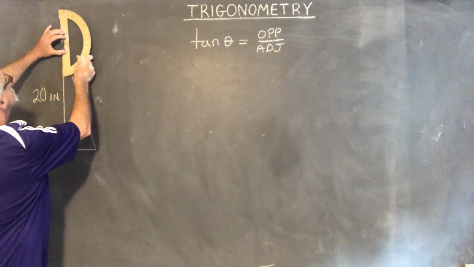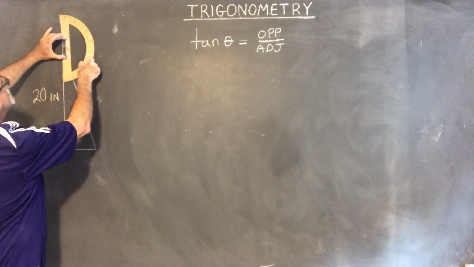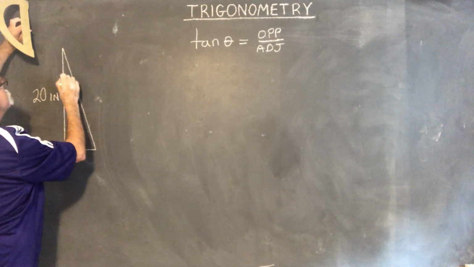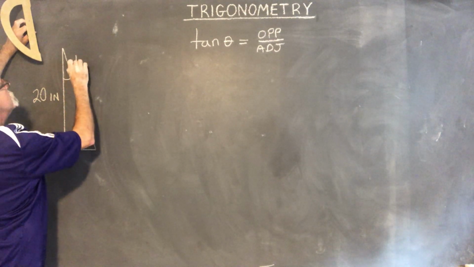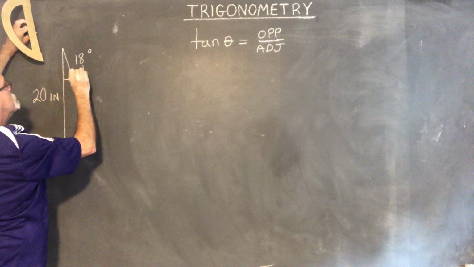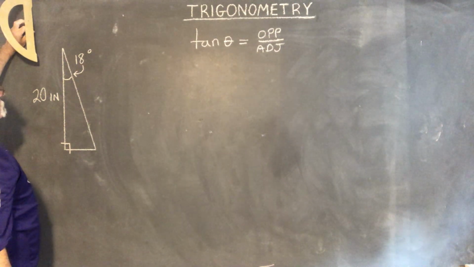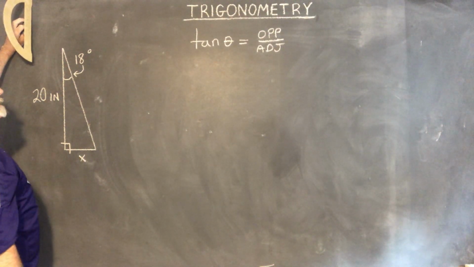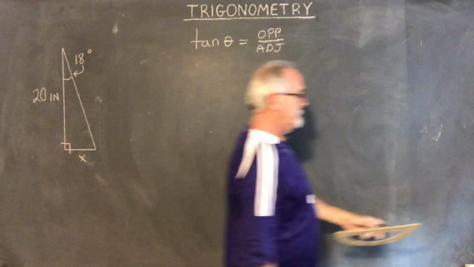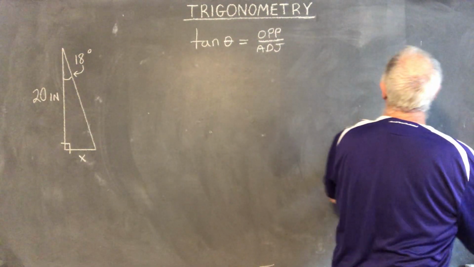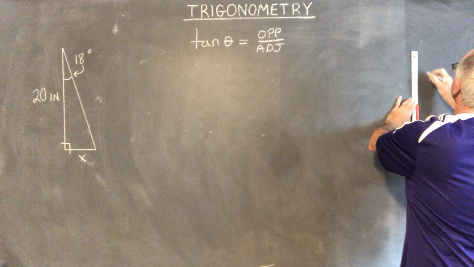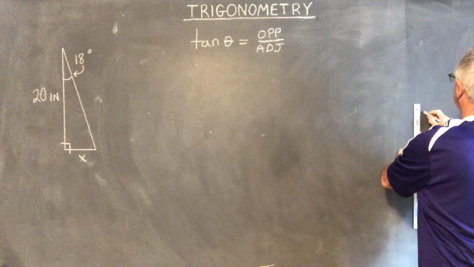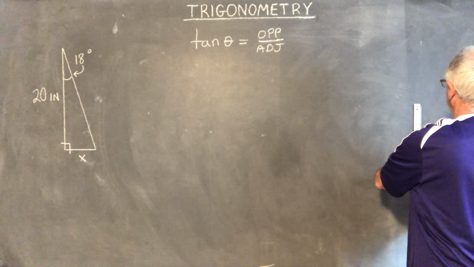And I'll measure this little skinny one. That looks like about 18 degrees. It's hard to write that in here, so I'll do it like this. Okay, and we want to find this. So we're looking for the opposite with that triangle. Let's do another triangle over this way. I'll make this one a little bigger.